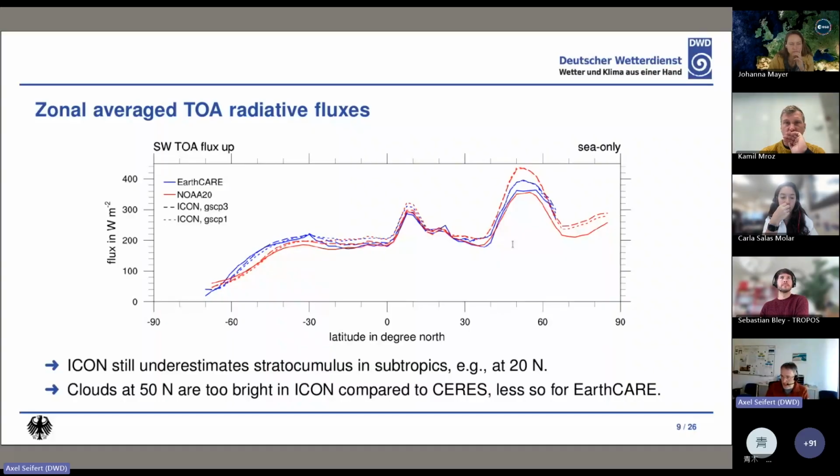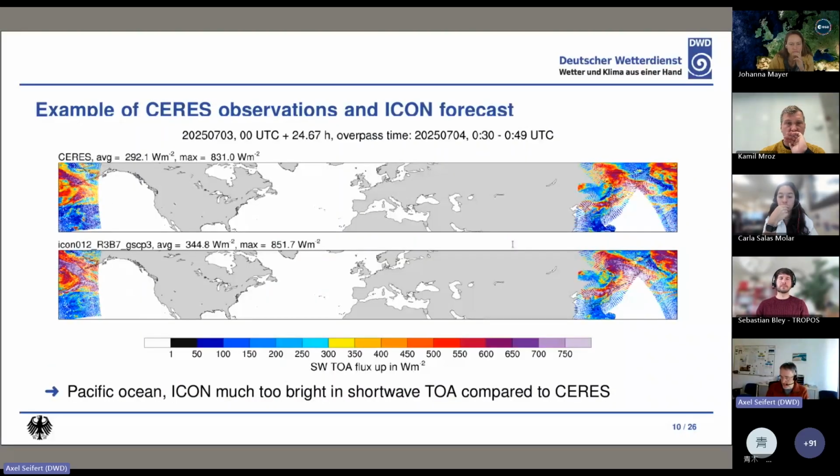Just to give you an idea about this 50 to 60 north reflected shortwave bias, it's not coming from some boundary layer clouds or something, but really from a bigger frontal system. This is comparing actual CIRRUS spatial data overpasses with ICON.